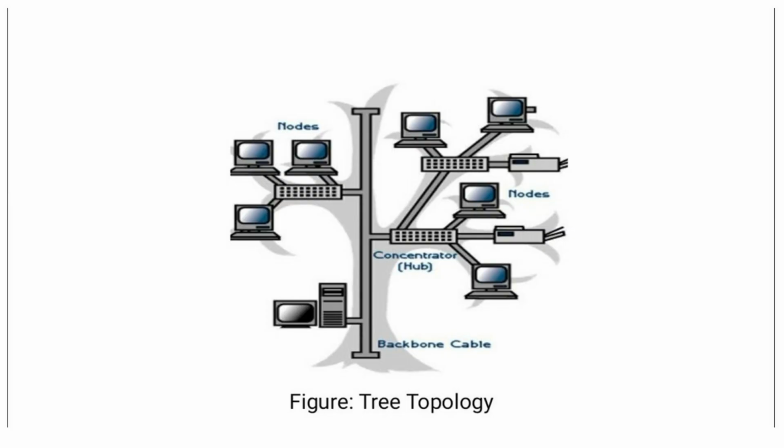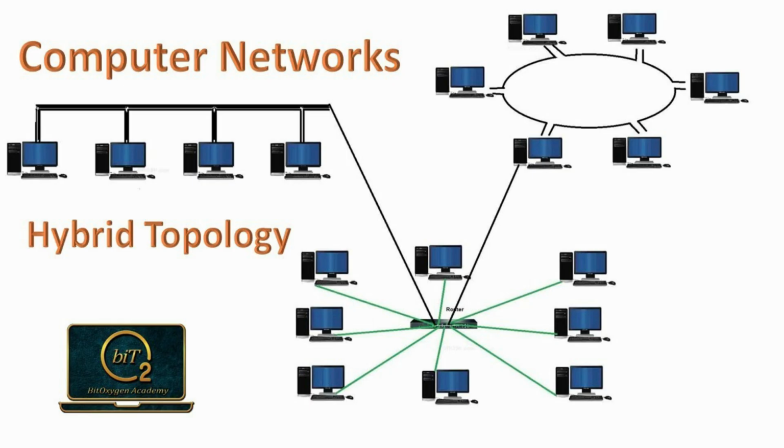The hybrid topology, the latest technology, is the hybrid topology. In the hybrid topology, one switch is connected to another switch, connecting different topologies, and this is the way of the hybrid topology.